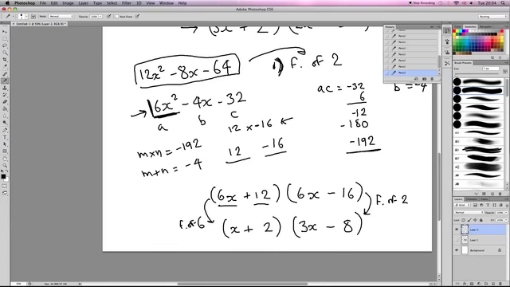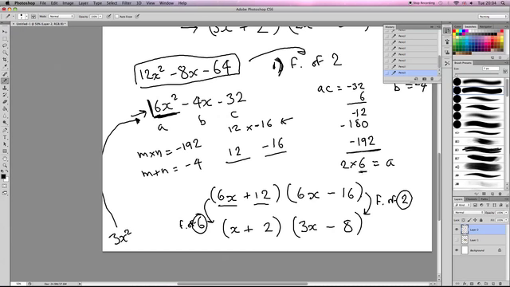If I just quickly look, I've got 3x times x. That's going to give me 3x squared. That is not 6x squared. The reason being is, if I look at my two factors that I took out, 2 and 6, 2 times 6 does not give me A. A is 6.